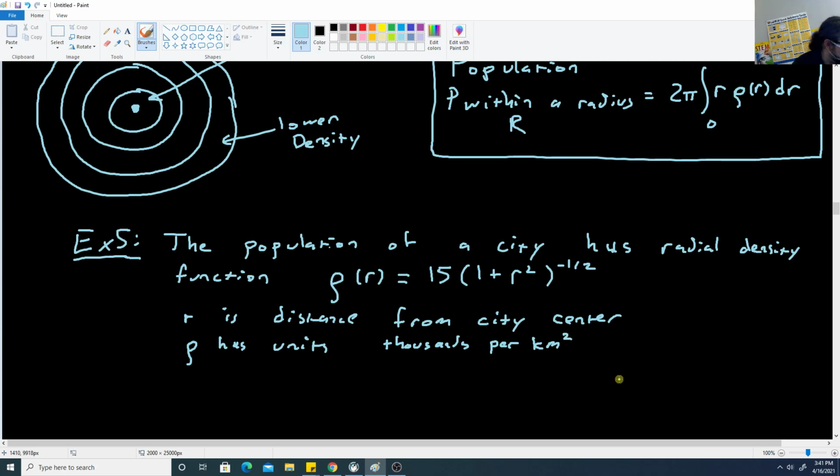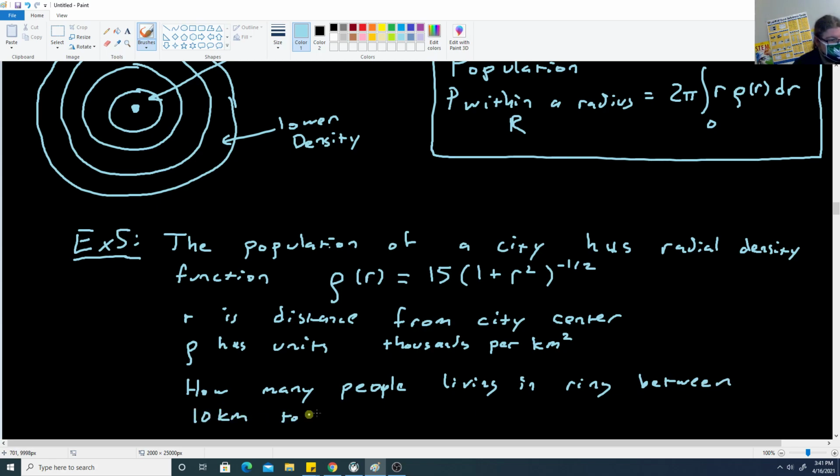And we want to know how many people are living in the ring between 10 and 30 kilometers from the city center. So how many people are living in the ring between 10 kilometers up to 30 kilometers from the city center.